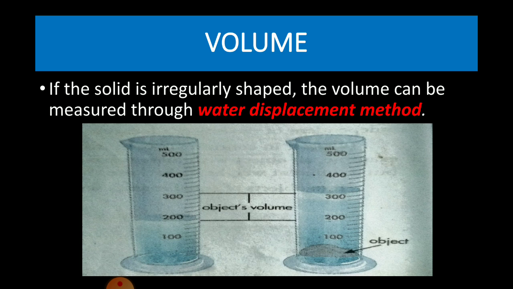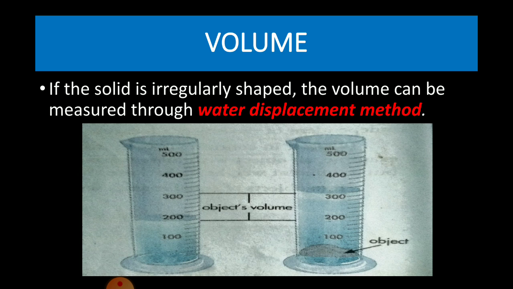So as we can see from the image, we have a graduated cylinder filled with water. It was filled up to 200 ml. Then, an object was submerged in the water. So from 200 ml, the water rises and becomes 300 ml.